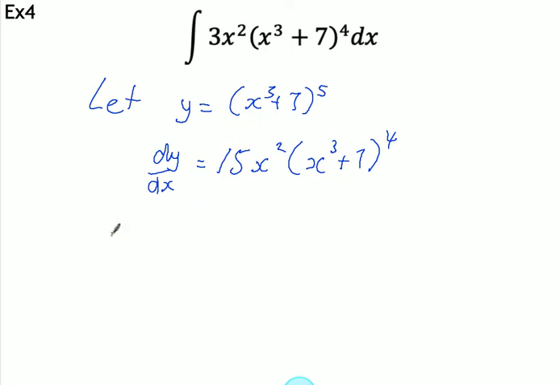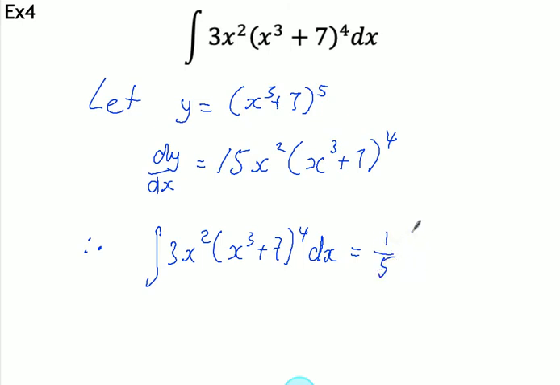It's not far off what we want. And now I can just make the coefficients equate. So that's going to be 1/5 of (x cubed plus 7) to the power of 5 plus c.